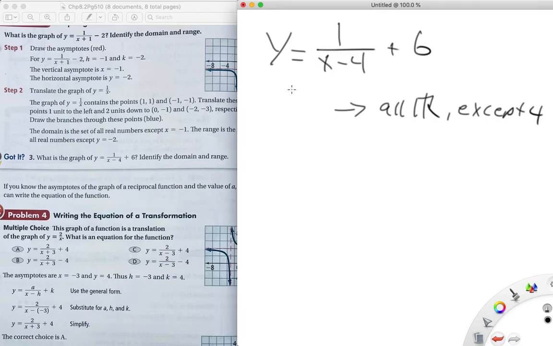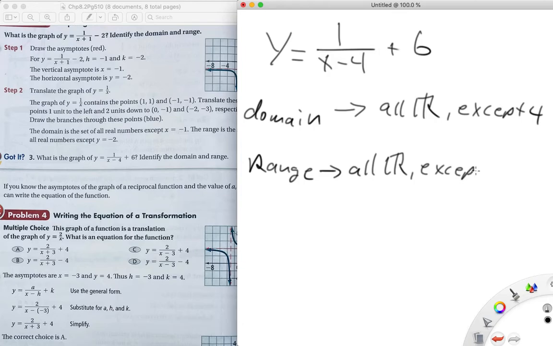For the range, my y's, this is going to be all real numbers except 6, because if y was 6, subtract 6 from both sides, so y equals 0 doesn't exist.